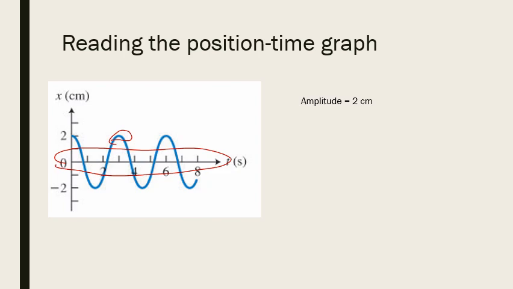The next thing I want to do is find out what the period is. Well, I'm given the time in seconds. So I can just find the time when it's at the maximum point. Then it gets to the other point.